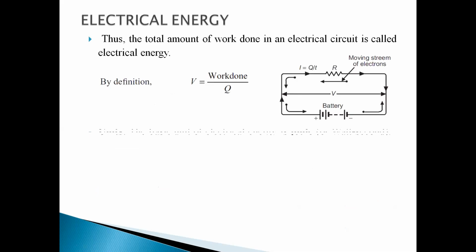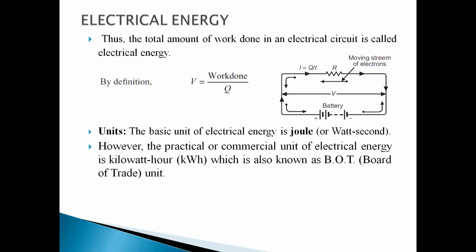In a formula, V equals work done upon Q, where Q is the charge and V is the applied voltage. The unit of energy is joules or watt second.